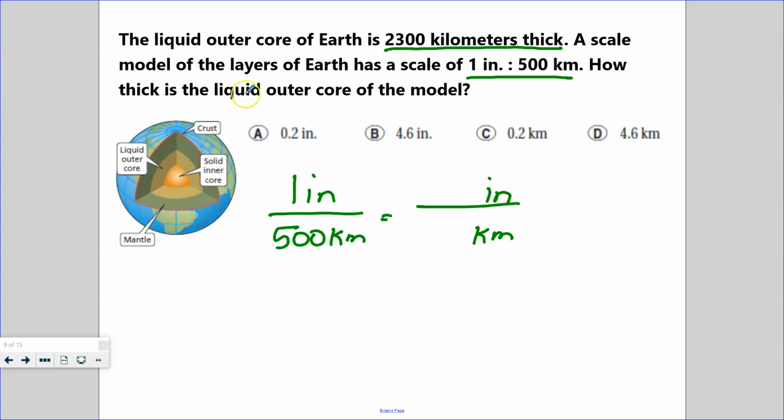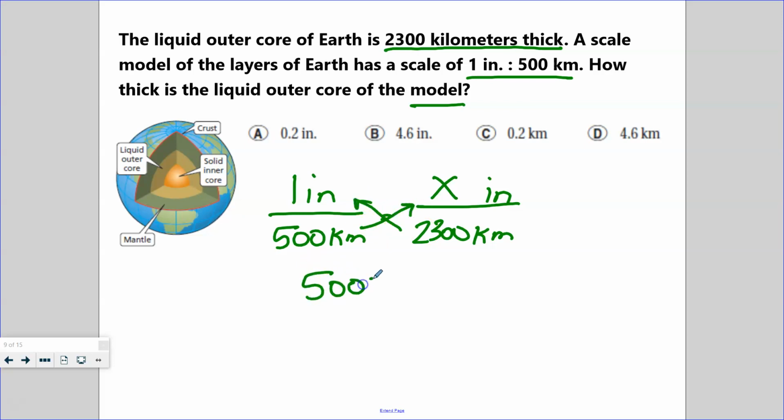And so it says, how thick is the liquid outer core of the model, right? And so we have how thick it actually is, okay? And we're looking for the model, right? So this will be our x here, and we'll use 2,300 right there. This is where our calculator is going to definitely come in handy, right?